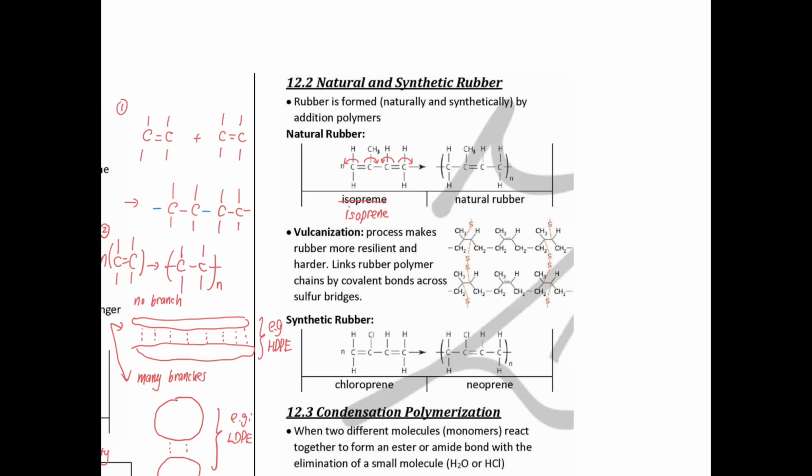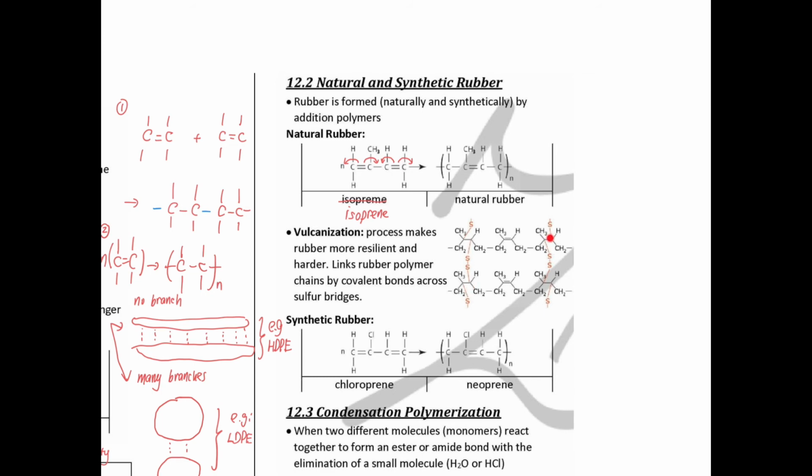So you can see, initially natural rubber is just a straight chain, and because of that it is not strong. So vulcanization is where we add the sulfur bridge in this way to join one polymer with another polymer.